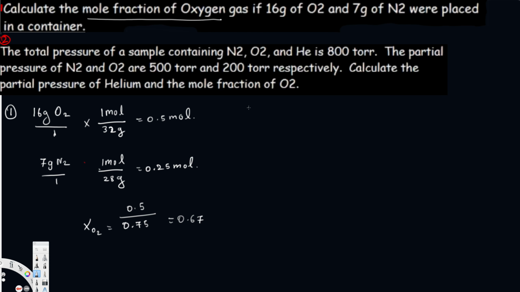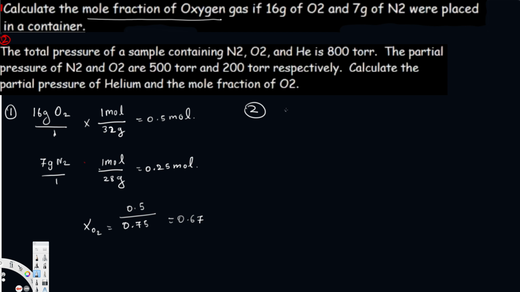Let's move to the second question. The second question is asking: the total pressure of a sample containing nitrogen, oxygen, and helium is 800 torr. The partial pressures of N2 and O2 are 500 torr and 200 torr respectively. Calculate the partial pressure of helium and the mole fraction of oxygen.